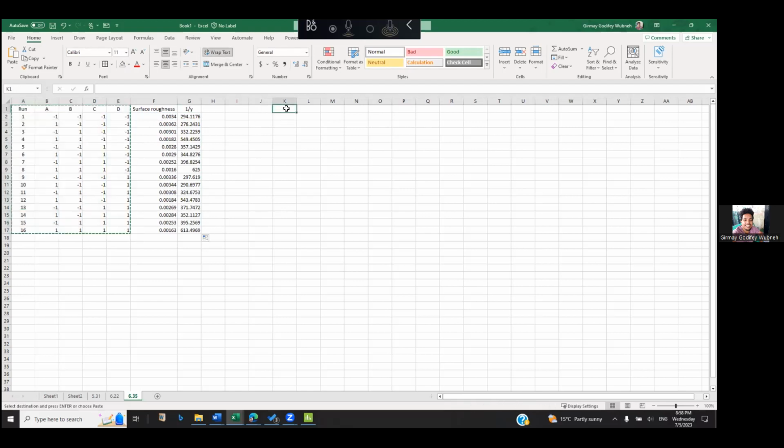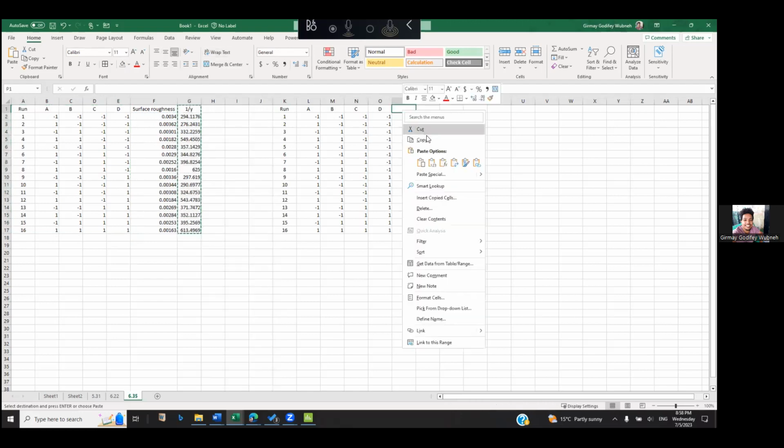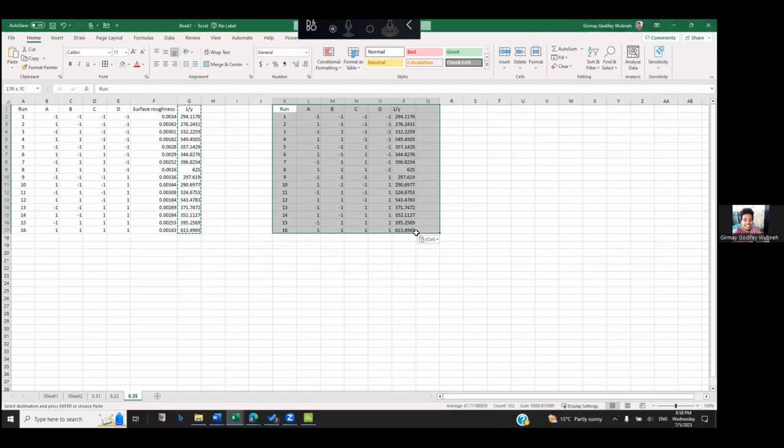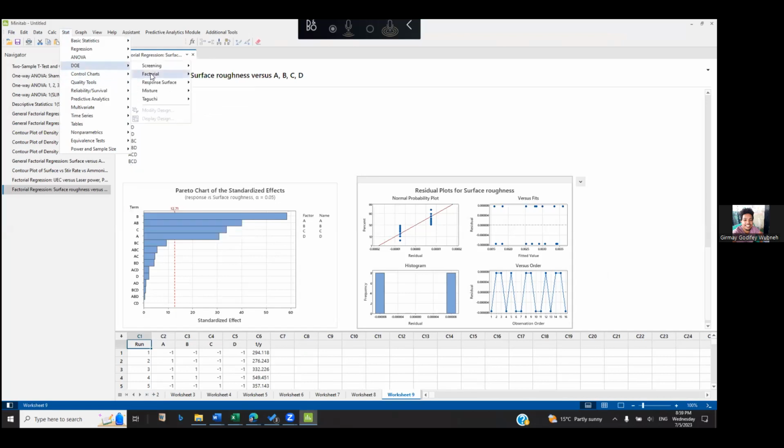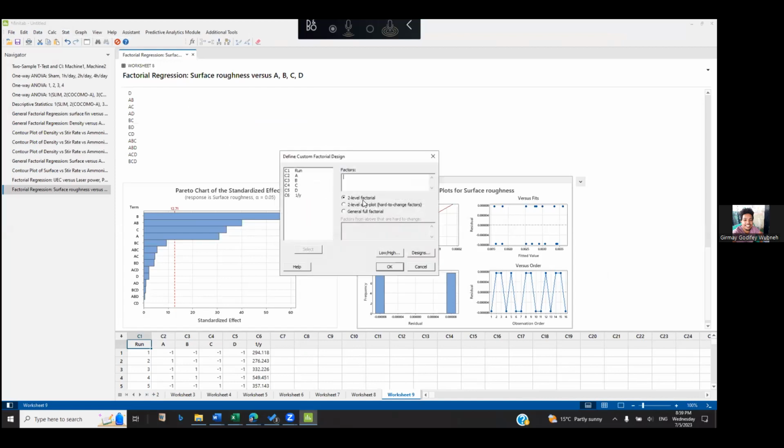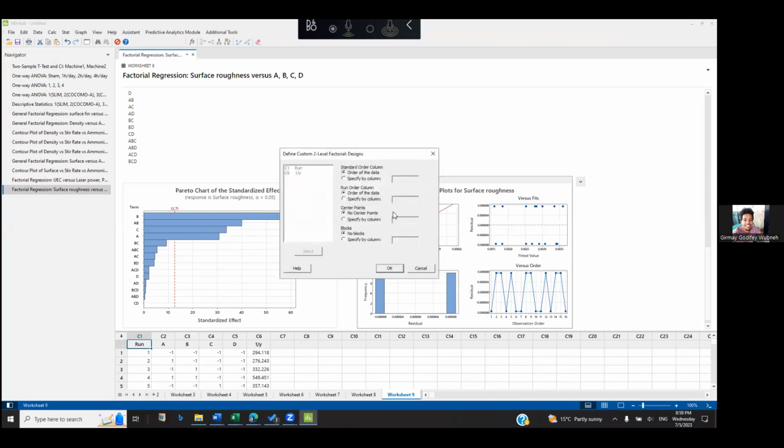So the response, instead of Y, 1 over Y. Copy. Add, start as an experiment factorial, analyze. Low, high. Run order.